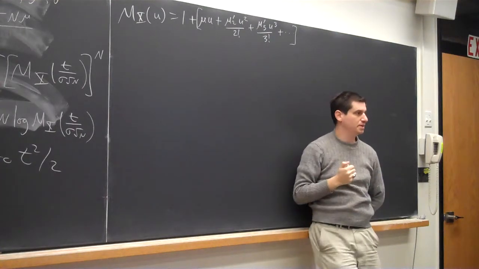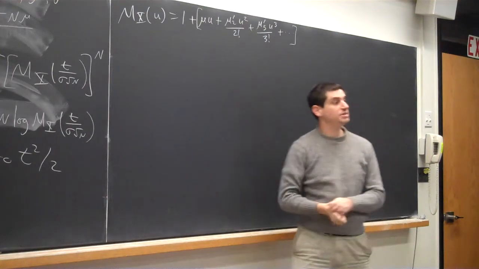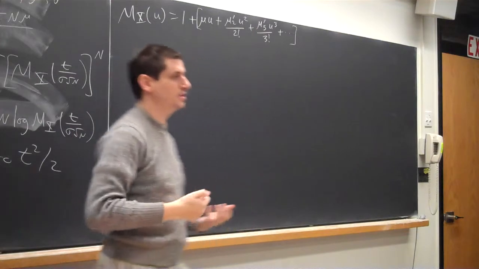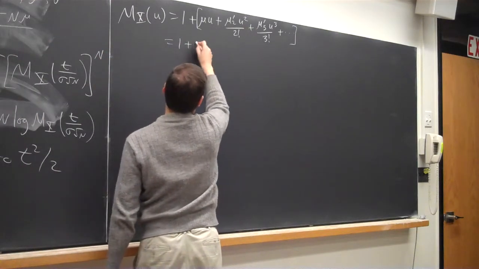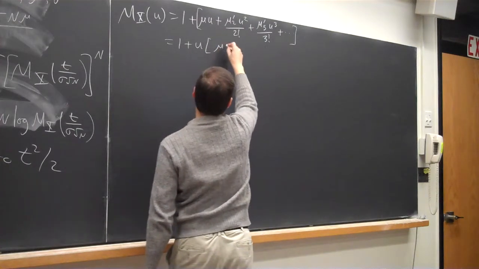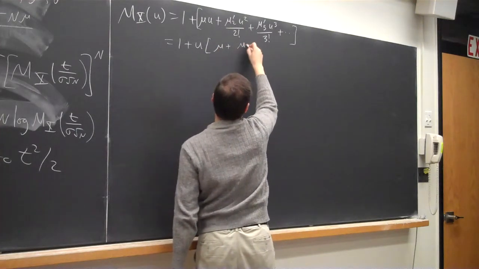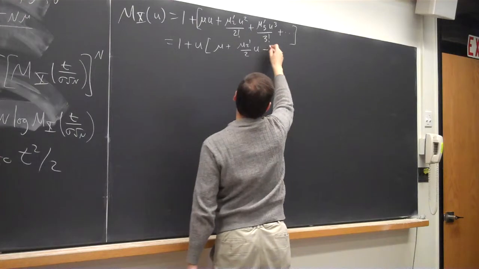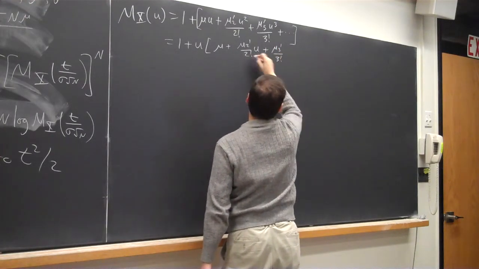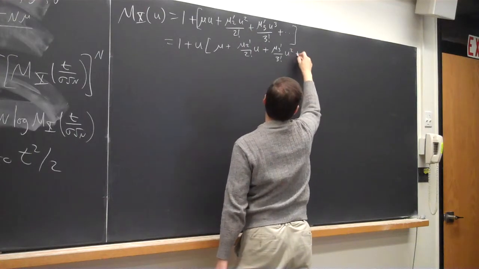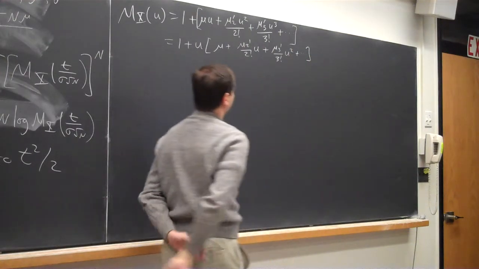It's 1 plus something, so I'm going to want the Taylor series expansion of the log of 1 plus something. In fact, I can write this as 1 plus u times (mu plus mu2 prime over 2 u plus mu3 prime over 3 factorial u squared plus dot dot dot).